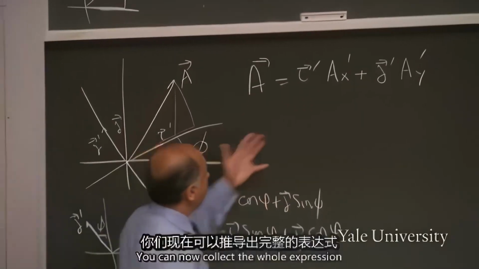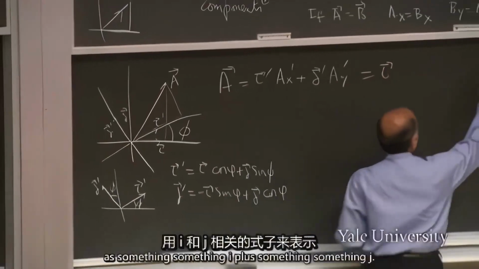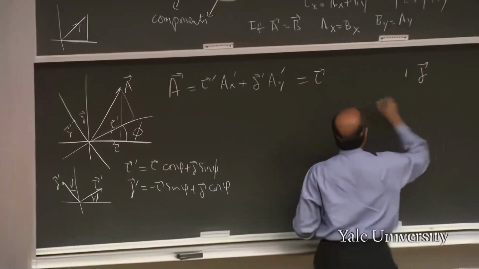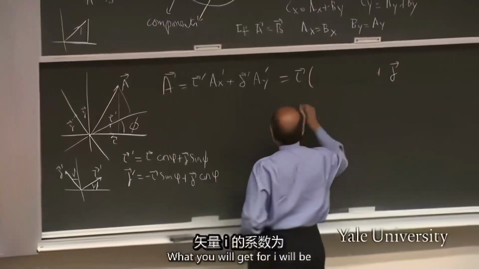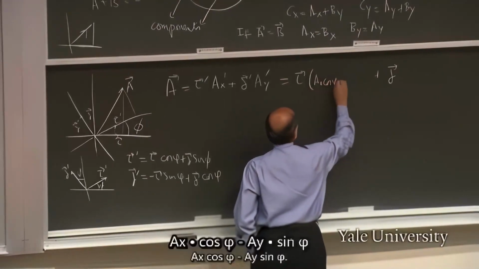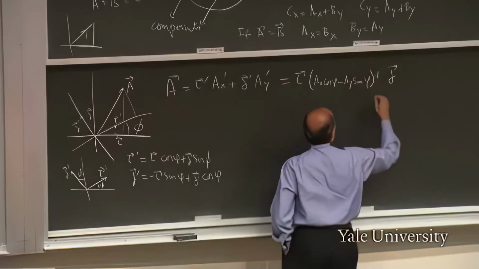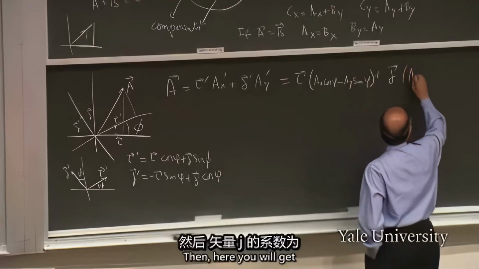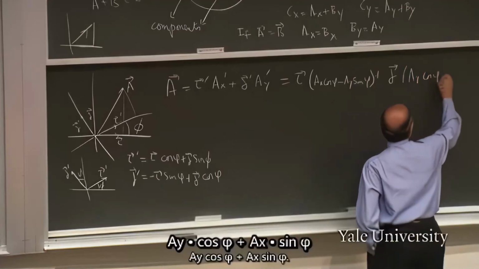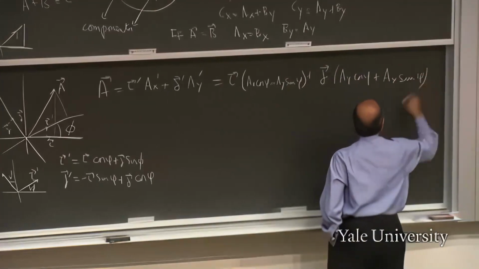So you can now collect the whole expression as something times i plus something times j. And what you will get for i will be ax cosine phi minus ay sine phi. Then for j you will get ay cosine phi plus ax sine phi.